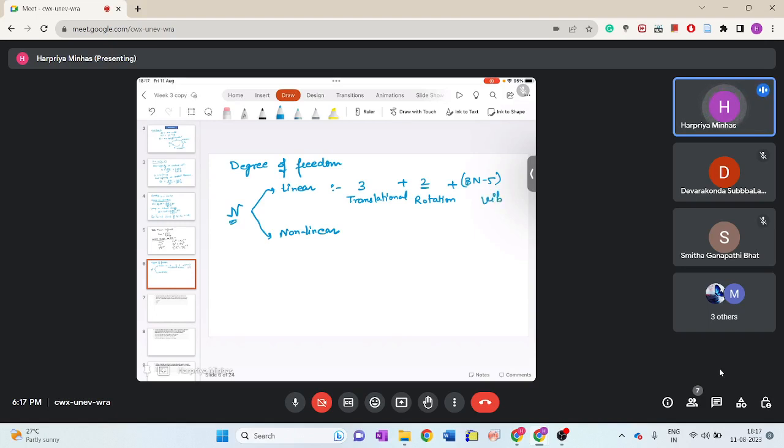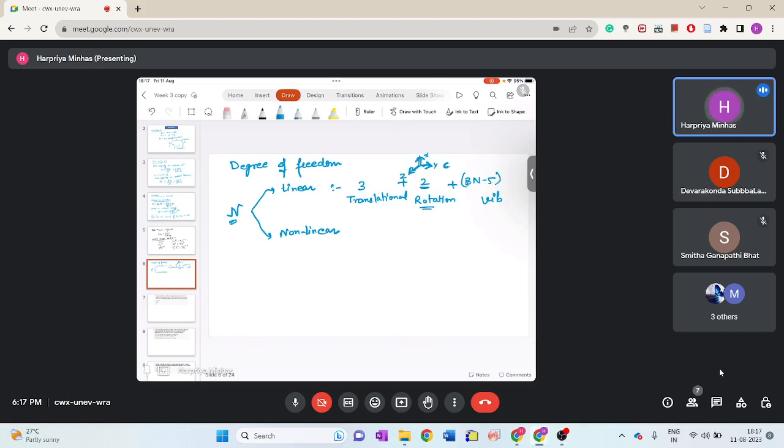So for here there are two rotational motions. Why are we saying it? There are three axes, that is x, y and z. Suppose here is your molecule, carbon, and along one axis your moment of inertia is not changing, but your moment of inertia is changing when your molecule is rotating along the x-axis or along the y-axis.